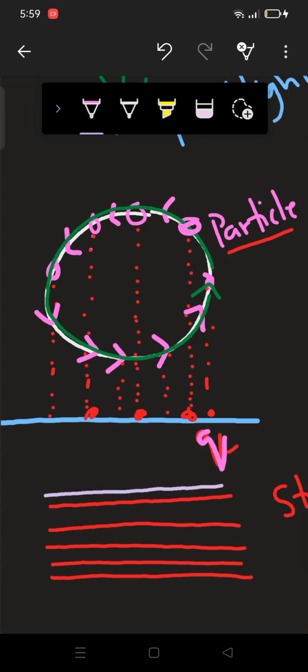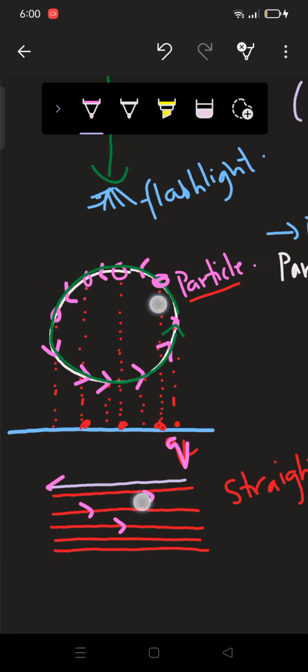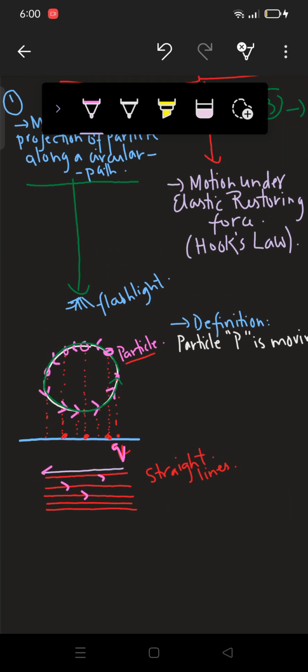We're going to talk about the motion of the projection, since this projection of the particle, or this shadow of the particle, will follow simple harmonic motion, to and fro, right? So the projection follows simple harmonic motion, not the particle.